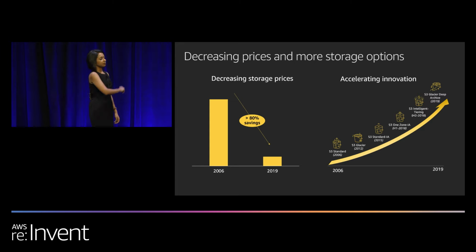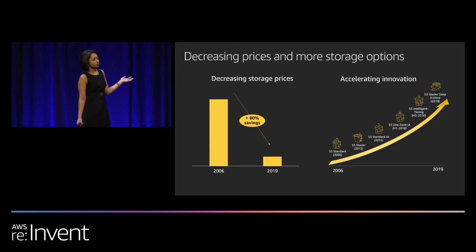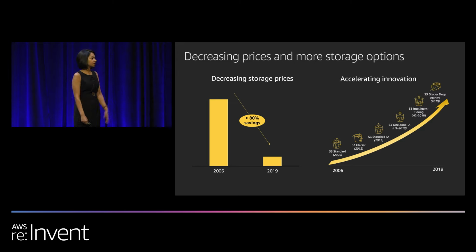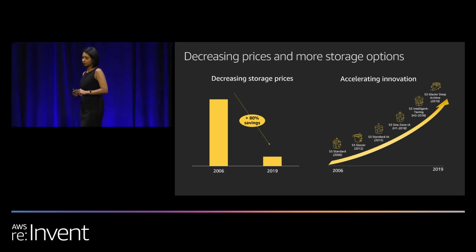The left side here talks about since the launch in 2016, over the last 13 years, we've reduced storage prices by more than 80%, which means that without doing anything at all, you're saving 15% in cost year over year, without touching your storage at all, if you were storing the same amount of data.